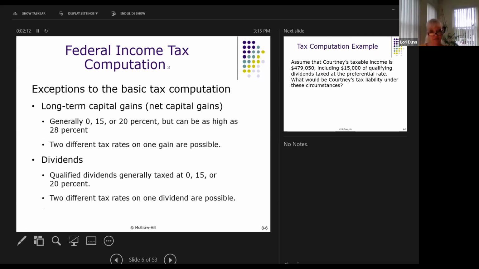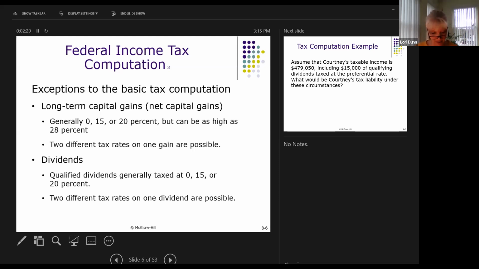If you have qualified dividends, again, 0, 15, or 20%. Now, where do we determine what percentage we should use? Well, it's based on our taxable income.